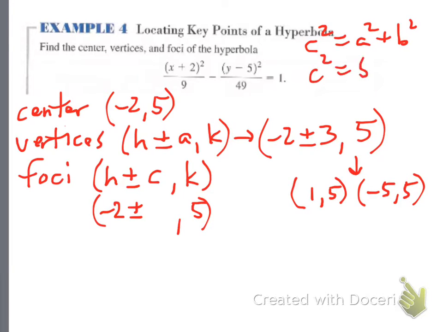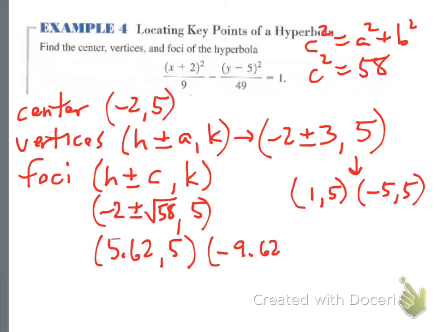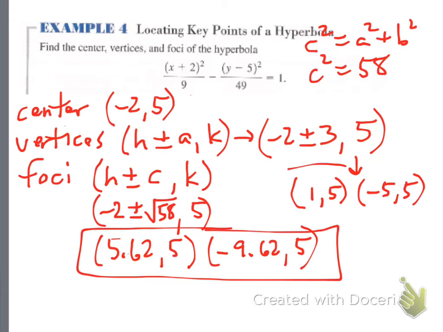So c squared equals 9 plus 49, which is 58. So you get the square root of 58 for c. If you figured that out with the square roots, you would get 5.625 and -9.625. So there are your foci. Here are your vertices. So that is hyperbolas.